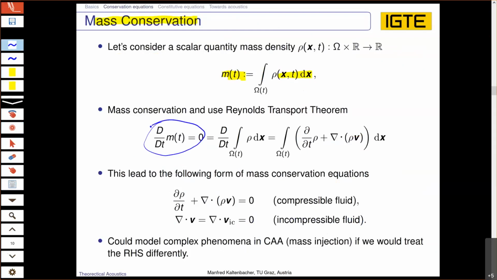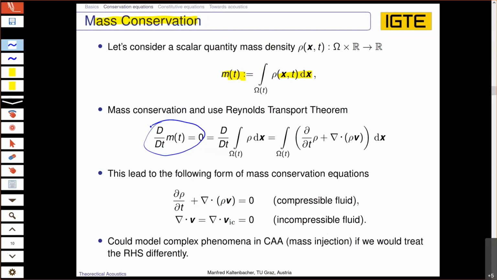And from physics, we know we have mass conservation, so the total change has to be zero. Please don't be confused when sometimes in books you see that this total change is different from zero, but that is then just a model where we already include some sources. From physics, the total change has to be zero.